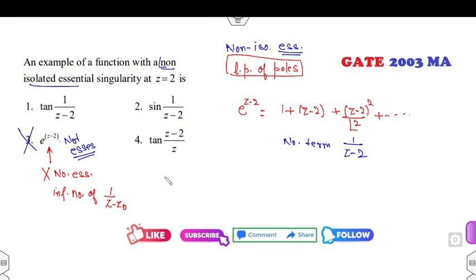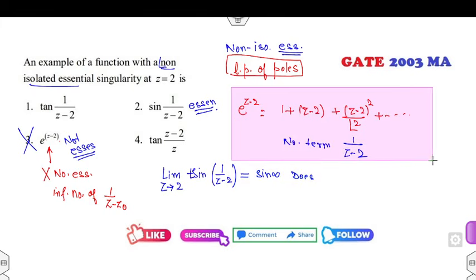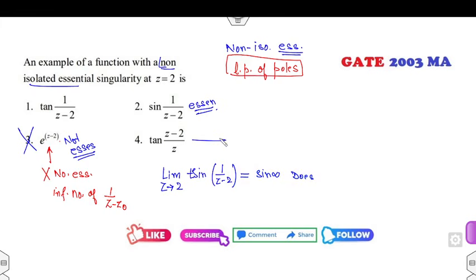Similarly, look at z = 2. We will check the limit firstly. Firstly, I will check this sine term. What is the sine of 1 over z minus 2? This will be sine of infinity, which does not exist. That means this is essential. Fine. Now look at tan of (z minus 2) over z. If you again look at the limit, firstly we will check whether it's essential or not.